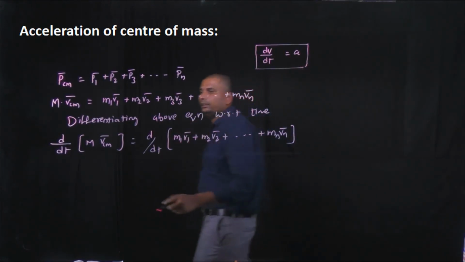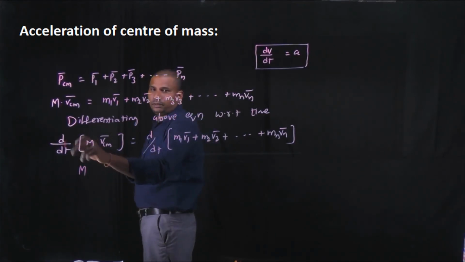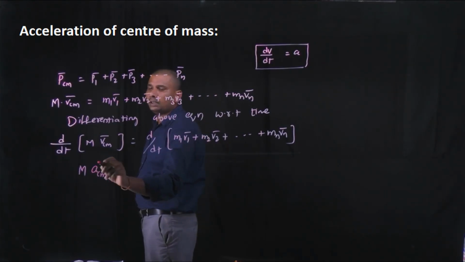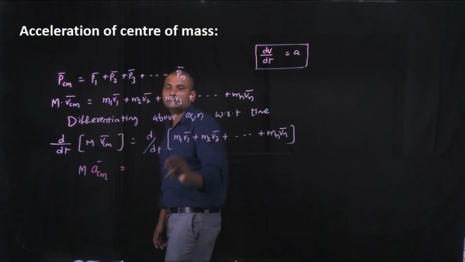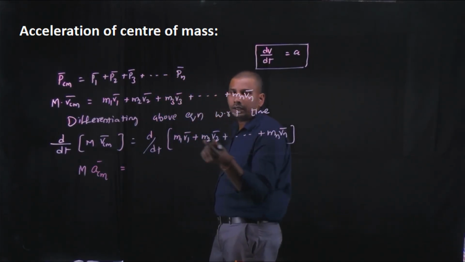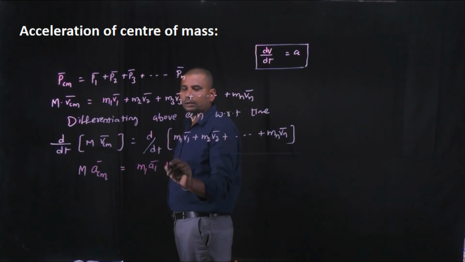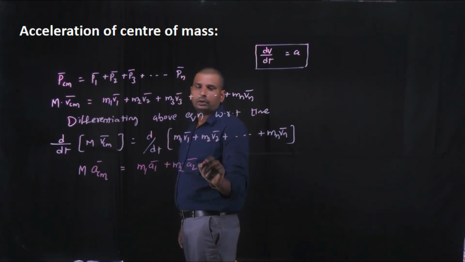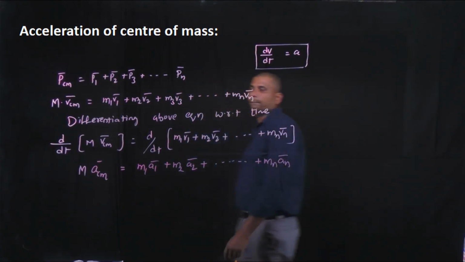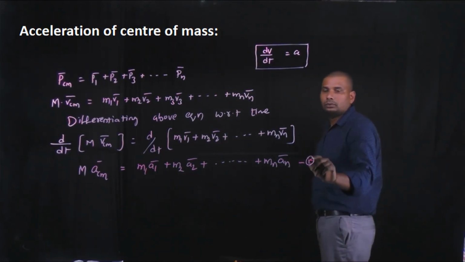From this we got that the total mass of a system is constant, and differentiation of velocity of center of mass with respect to time is the acceleration of center of mass, which is equal to, similarly in the RHS, by expanding this differentiation to all individual momentums, m1 into a1 bar plus m2 into a2 bar plus and so on plus mn into an bar. Let this be equation number 2.